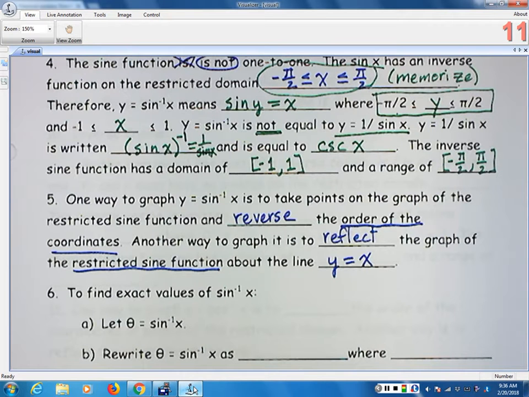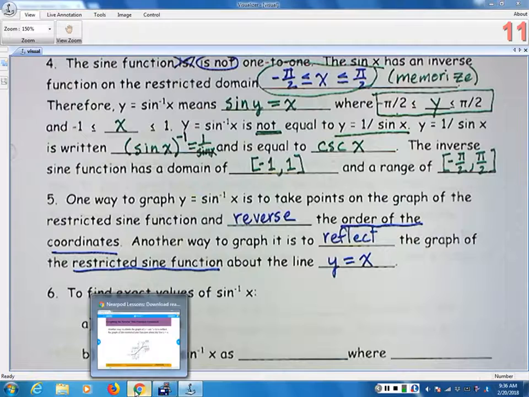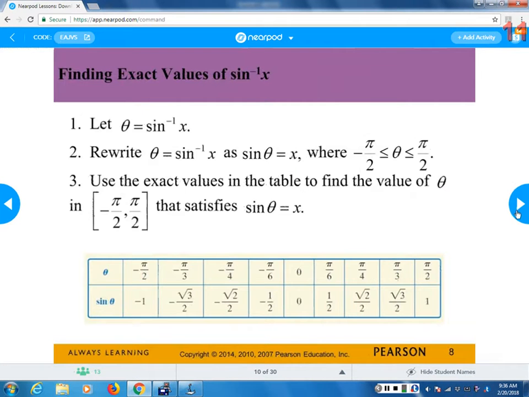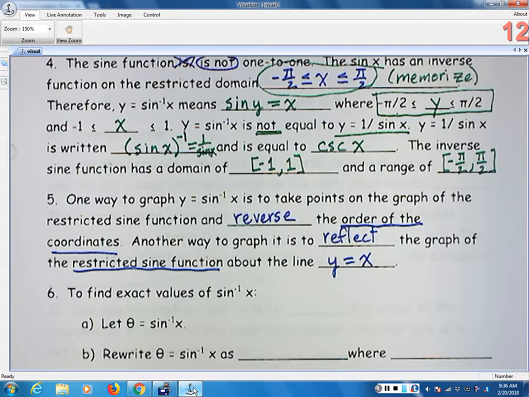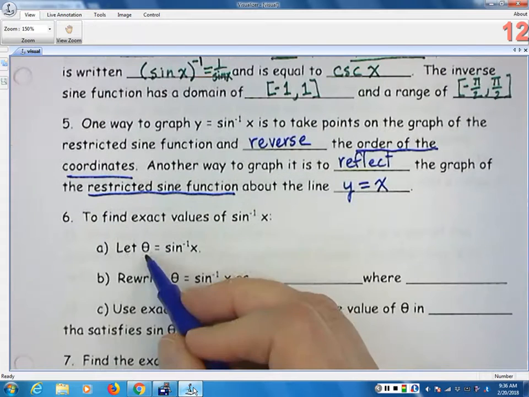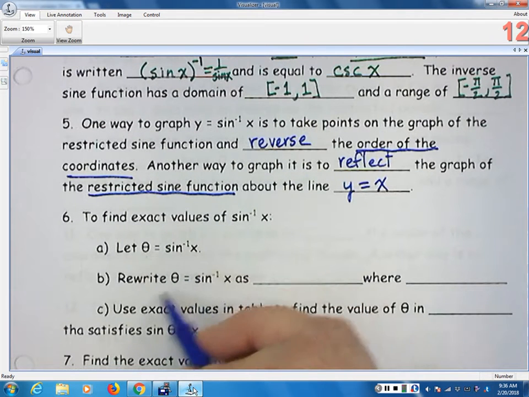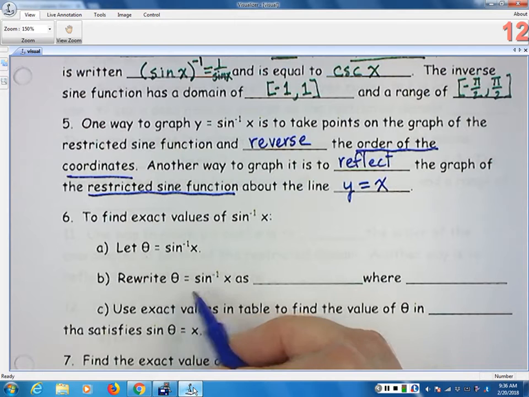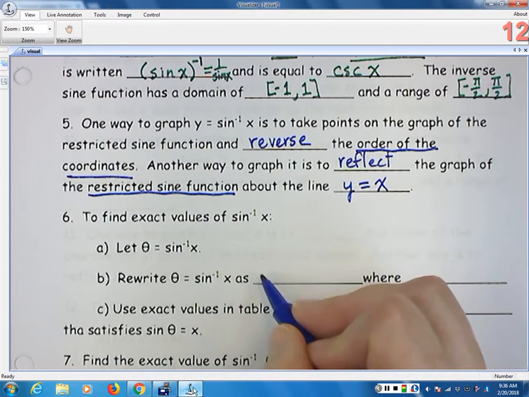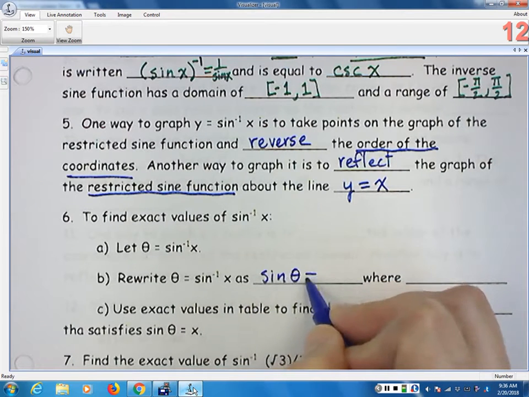So let's find some exact values of inverse sine. You can either use a table or you can use your unit circle. So how do we do that? We let theta equal inverse sine of x. Rewrite it as sine theta equals x.